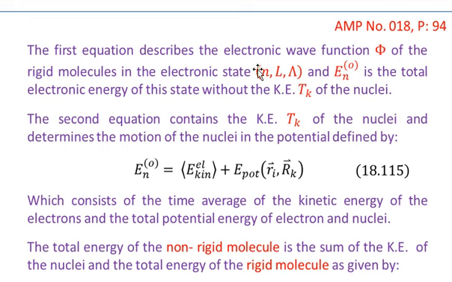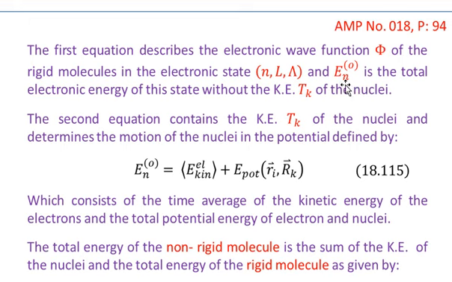The first equation describes the electronic wave function phi of the rigid molecule in the electronic state, determined by the three parameters n, capital L, and capital lambda, where capital L is the total angular momentum of the molecule and capital lambda is actually the projection of capital L on the internuclear axis between the two nuclei.